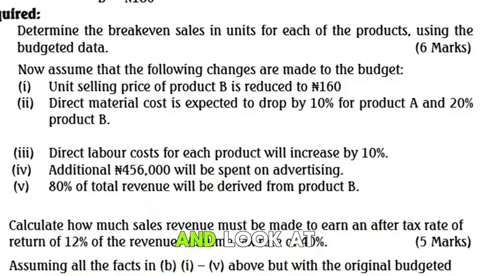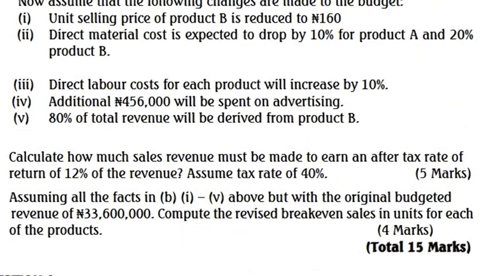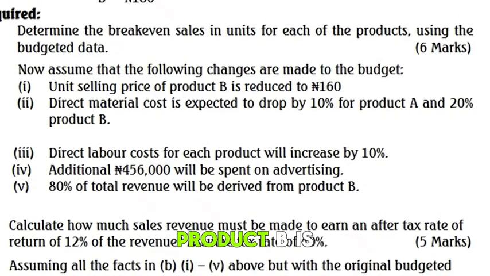Now let's go ahead and look at some assumptions. They say, assume that the following changes are made to the budget. The first assumption, we're going to look at this and see how we can twist the question, because the examiner wants us to make some adjustment to the question. Number one adjustment, they said, unit selling price of product B is reduced to 160. It was 180.